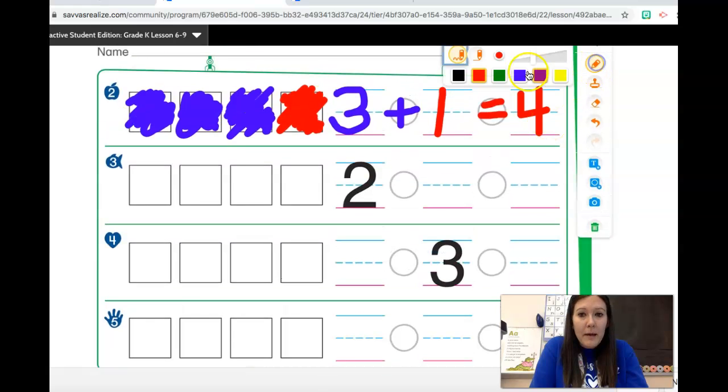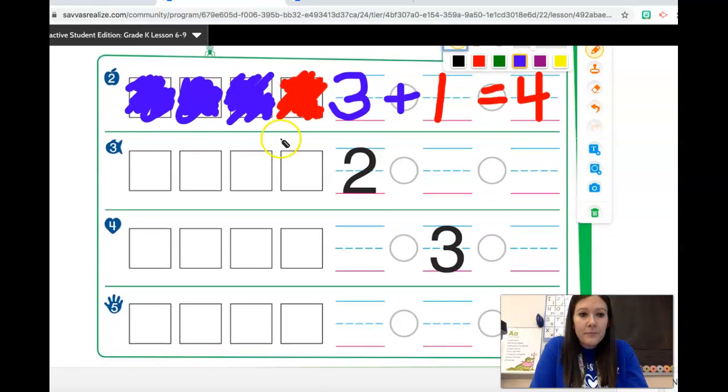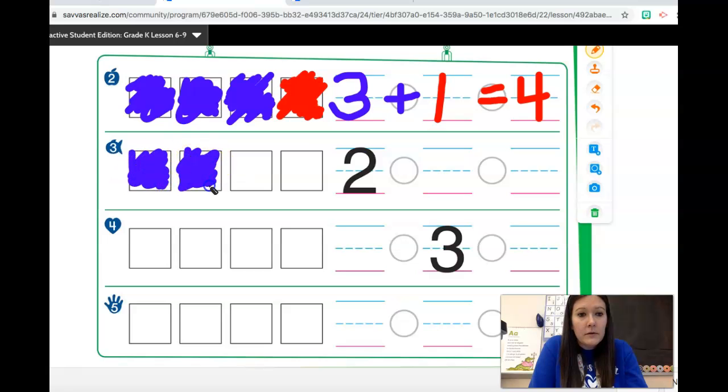All right, let's go back to blue. This time, let's see if we can follow this pattern. Watch. 3, 2. Oh, we're supposed to color 2 blues this time. 1, 2. Very good. Let's color the rest of them red. 1, 2.